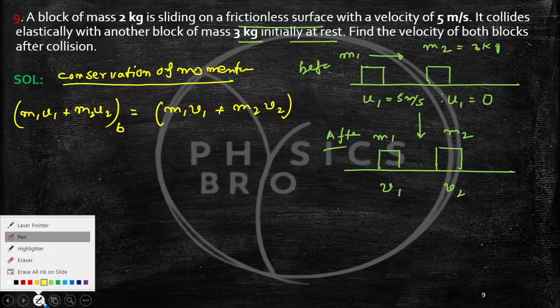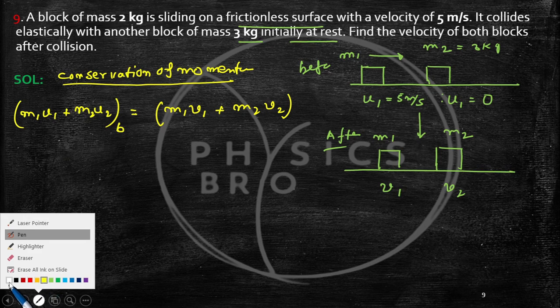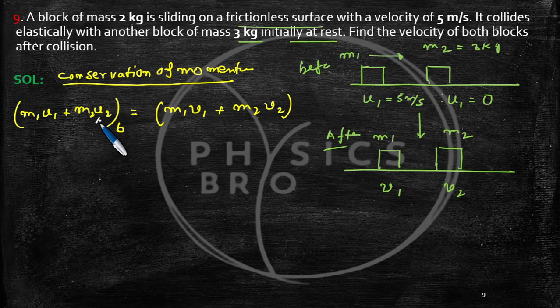From this you can easily get the equation, with u2 equals 0. M1 equals 2 kilogram. It's important to note down the data; it's a very crucial thing to solve the problems. So m1 is 2 and u1 is 5.